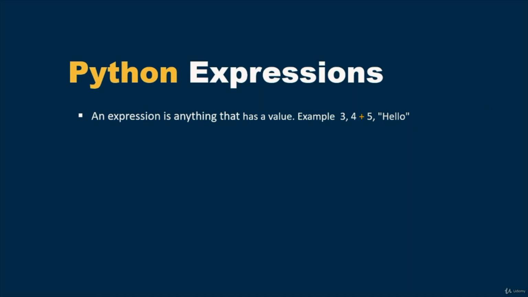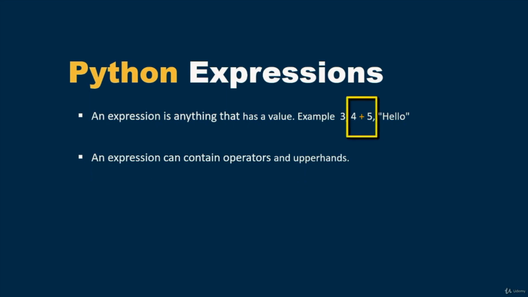An expression can contain operators like the plus operator. It can also contain operands. For example, in 4 plus 5, 4 is an operand, 5 is also an operand, while the plus is known as an operator.